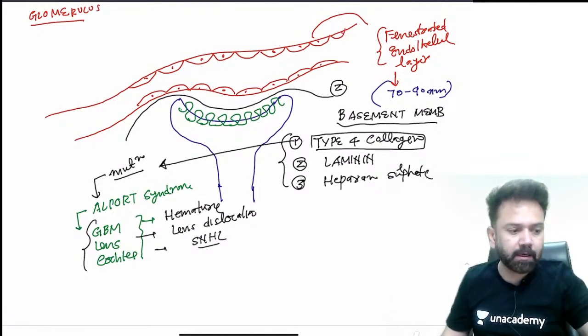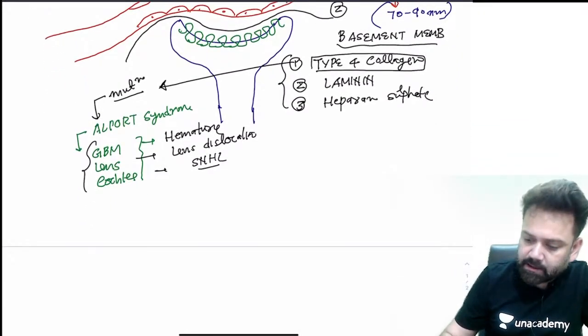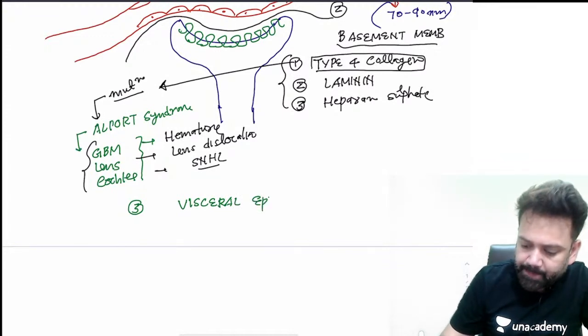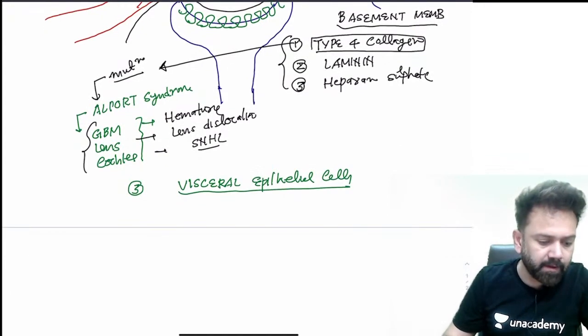Third layer is called visceral epithelial. These are visceral epithelial cells, podocytes.